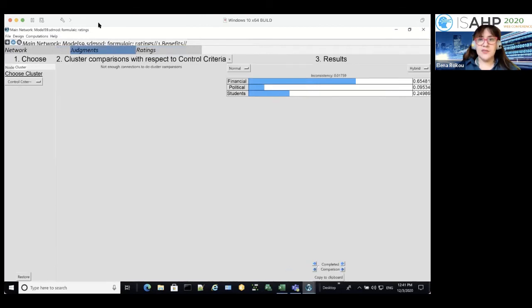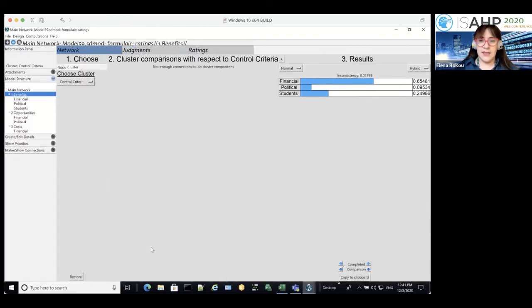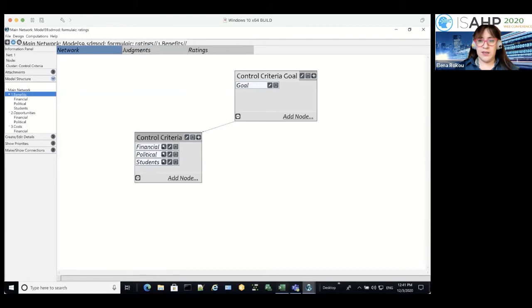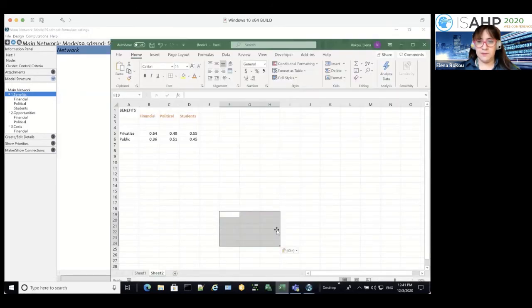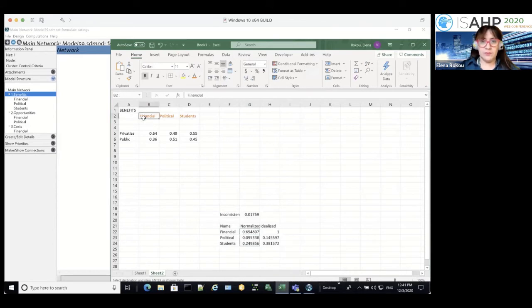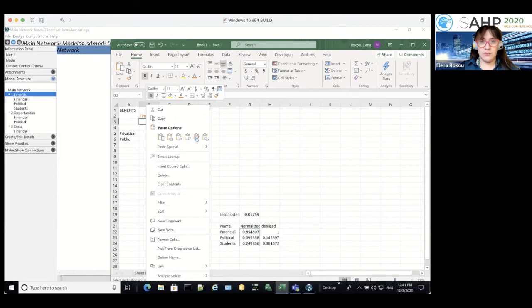Always hide the left side panel. I'm going to copy to clipboard the financial, political, and students. It's a button right down here. And take them with me in my Excel spreadsheet. And I'm going to use them over here.